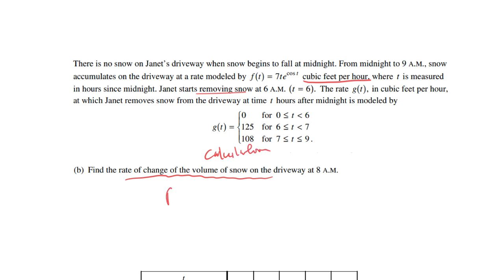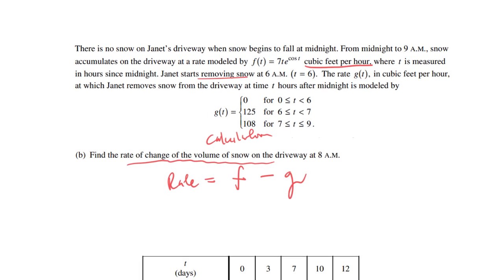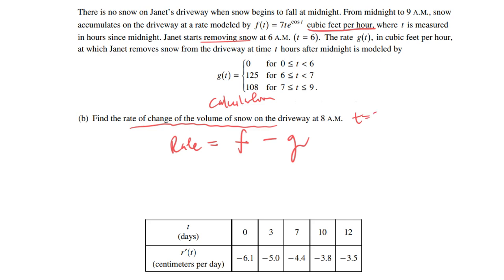You just need to note that the rate is just equal to f minus g, right? The rate of change would be how much accumulates, minus how fast it gets removed. Like the rate is the rate at which things get added minus the rate at which things get lost. Good. And notice this is t equals 8.